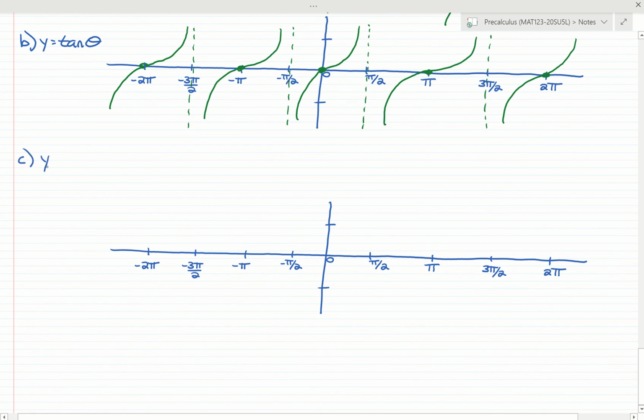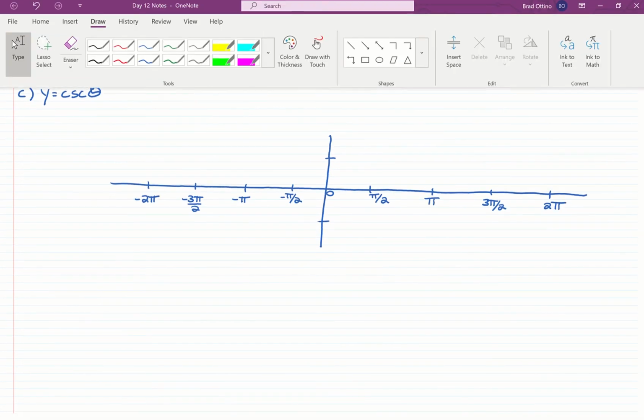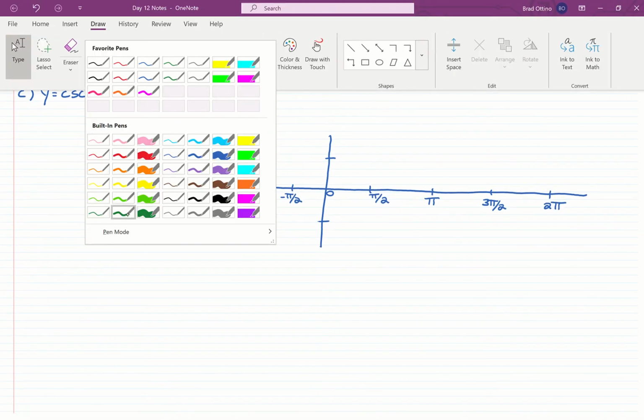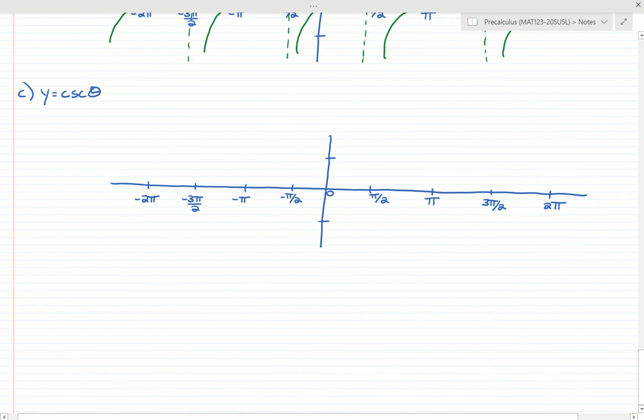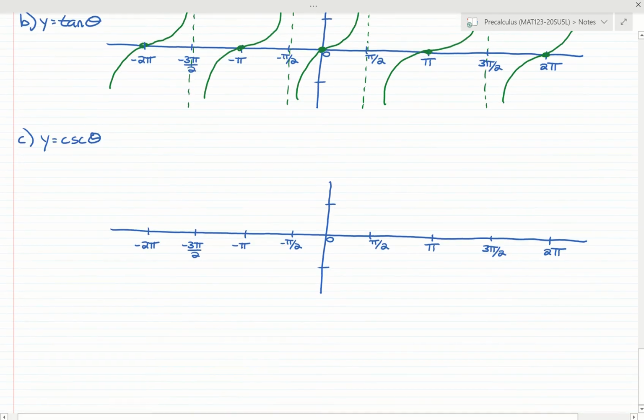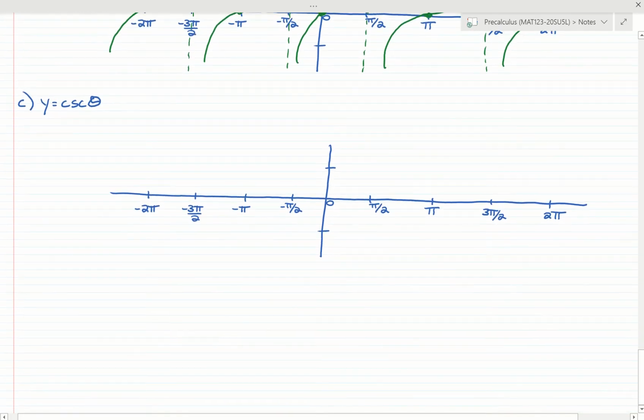Let's graph y is equal to the cosecant of theta. Cosecant, if you remember, is the reciprocal of sine. So the sine of 0 was 0. The reciprocal then would be 1 over 0 or undefined.